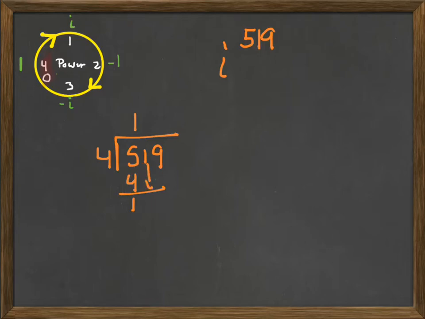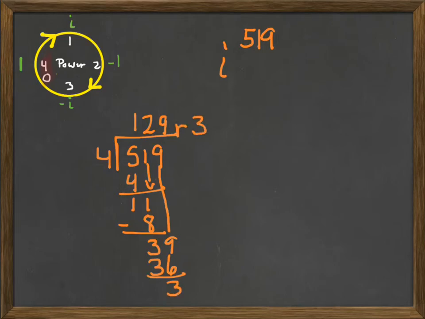I drop down that 1. 4 will divide evenly into 11 twice, and that number would be 8. I subtract and I get a 3. Drop down the 9. 4 will divide evenly into 39 9 times. And 9 multiplied, that gives me 36. My remainder is 3.